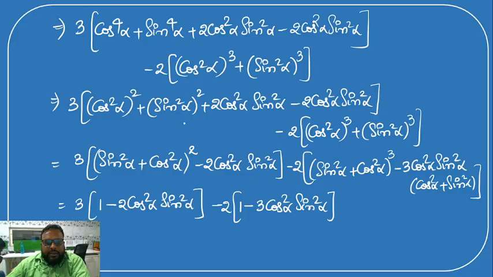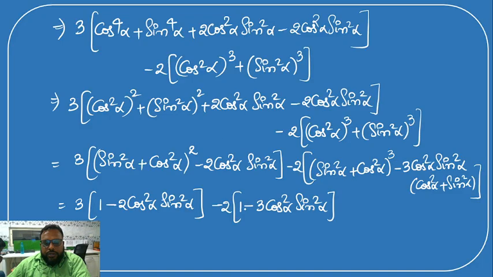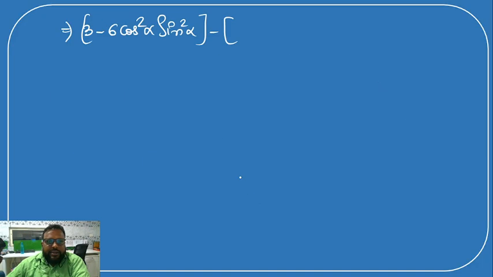Okay, next minus 2 into, this part will be, 2 also will be multiplied inside. So 2 minus 6 cos square alpha sin square alpha.